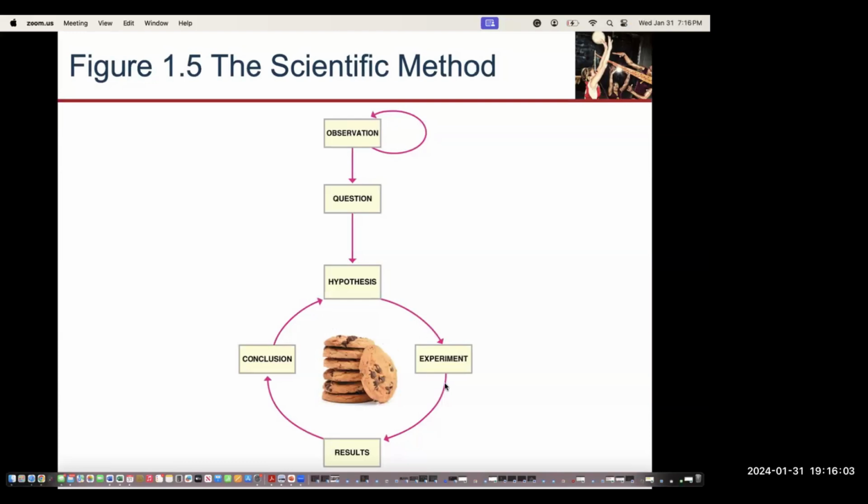So then we set up experiments, and after we do those experiments, we get our results or our analysis, and then we establish a conclusion based upon those results. Now, we look at our conclusion and see how accurate we were about our hypothesis.